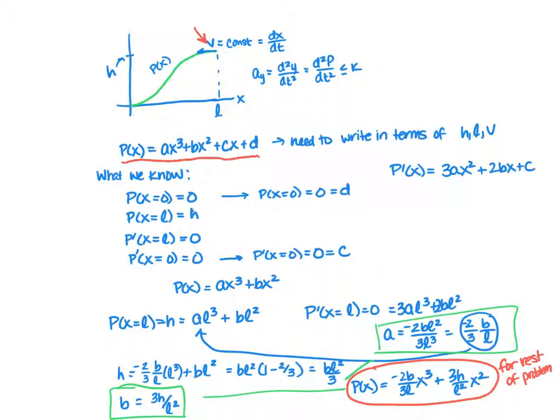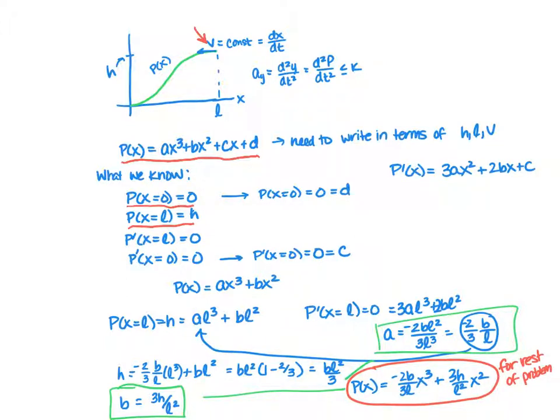D are. So the things that they tell you, or the things that you know, is when x is equal to L, the y value, which is also P, is equal to the altitude, which is h. So that's right here. And when x equals 0, the y is 0. That's right here.